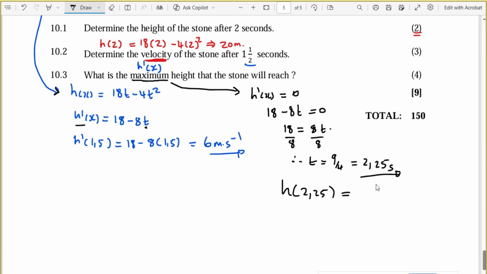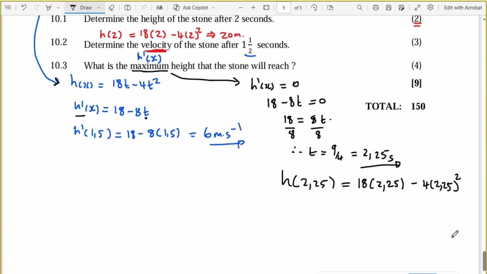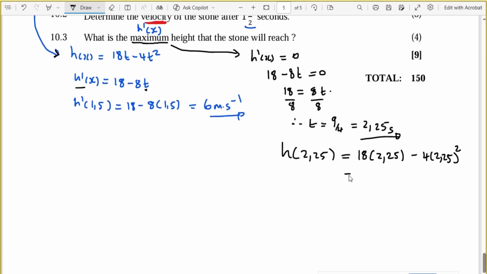These are easy questions. So we substitute 9 over 4: 18 times 9 over 4 minus 4 times 9 over 4 squared. The height is 81 over 4. In decimal form, it's 20.25 meters. That's the height.